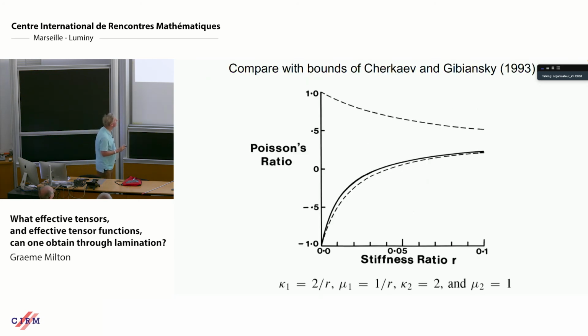So these are bounds of Shikaev and Gibiansi, that's Andrei Shikaev, and their bounds are these dashed lines, and this structure follows this black line there.